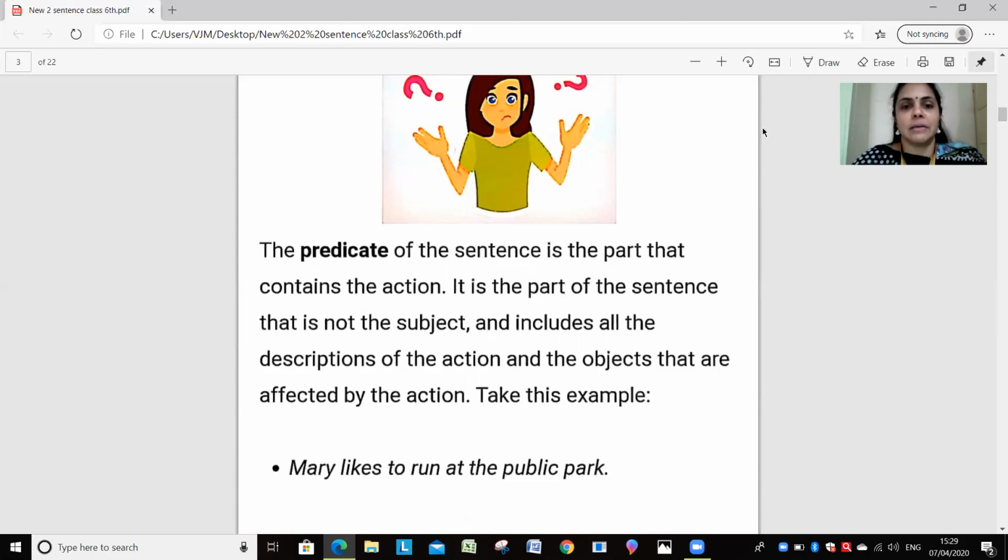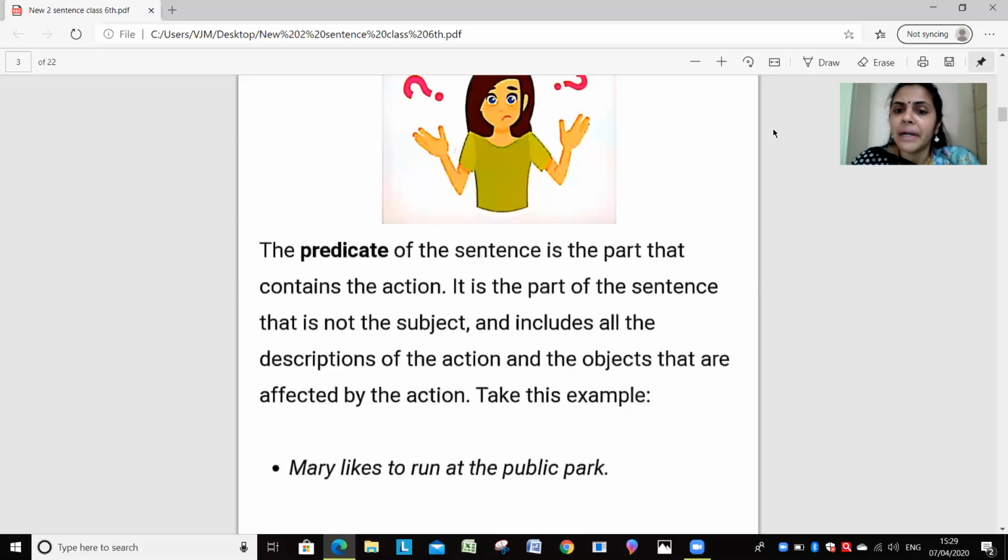For example, if I say, go there, come here, sit down, stand up, shut up, switch off, switch on, all these sentences do not have a very perfect or remarkable subject, okay? But these are sentences because they convey a complete meaning. Sit down, stand up, shut up, convey a complete meaning.